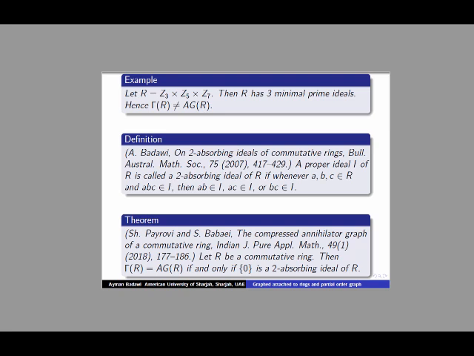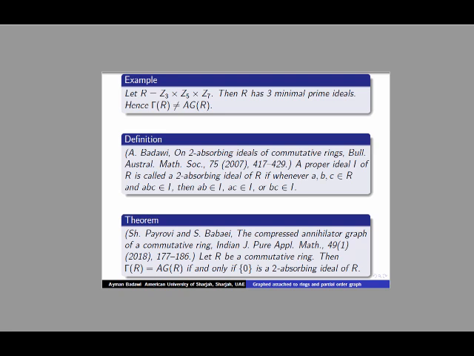If you want to read more about the annihilator graph, you can read more. I want to mention something strange, and you're going to see why I mention it here. It's kind of strange, the connection between this concept and the annihilator graph.